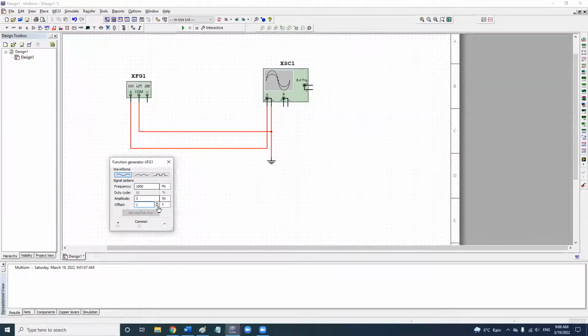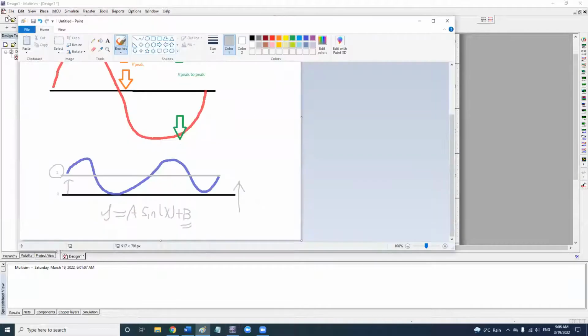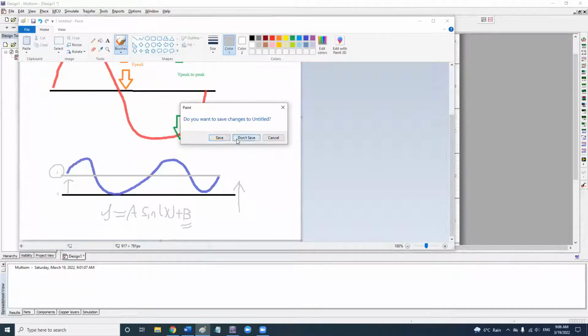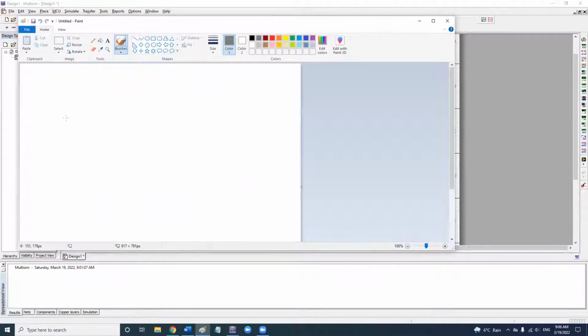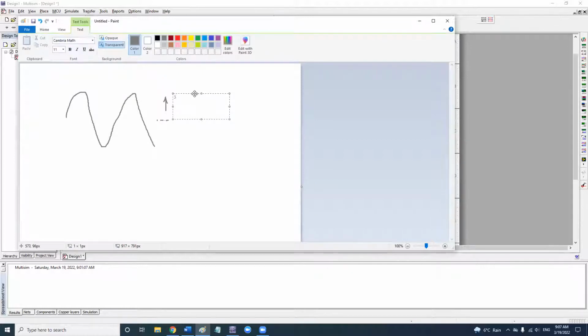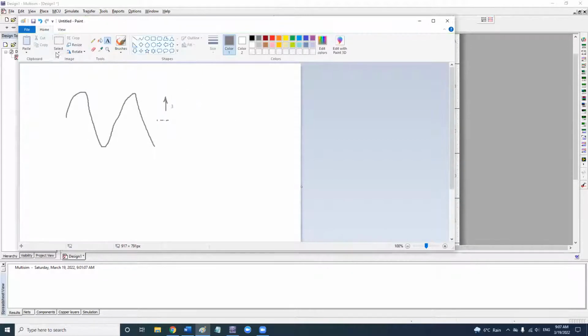So you can already see it. This will be a 3 volt peak signal, right? The height from here to the center line will be 3 volt. And where's the 0 point? The 0 point will be somewhere here. Sorry, somewhere here actually.